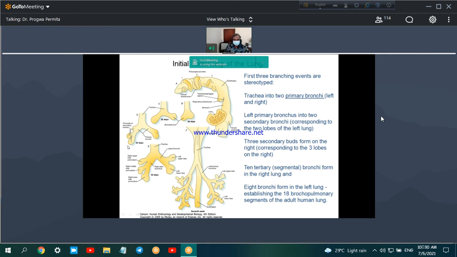Ten tertiary or segmental bronchi are formed in the right lung, and eight tertiary bronchi are formed in the left lung.